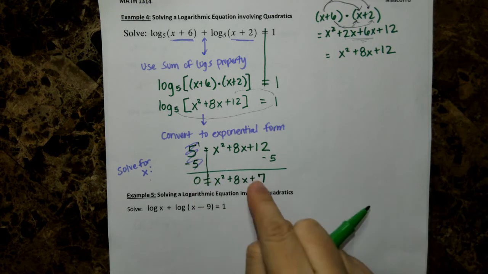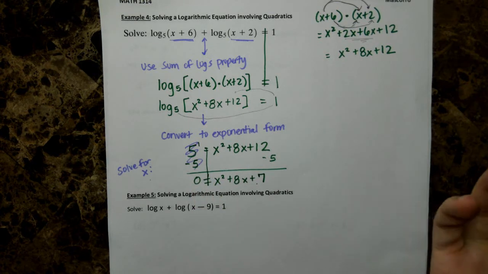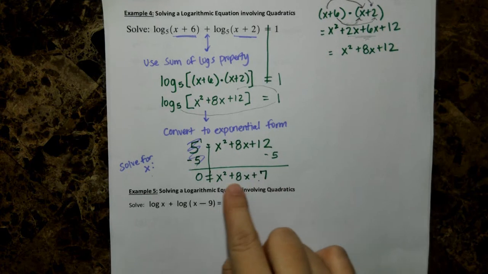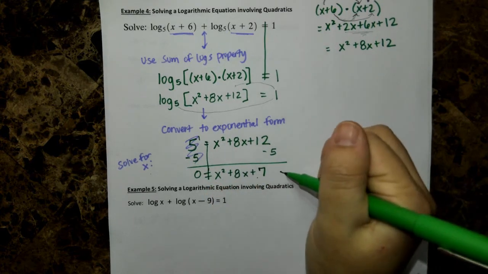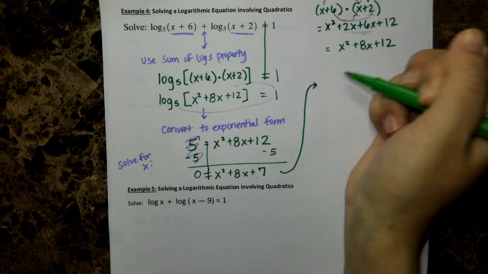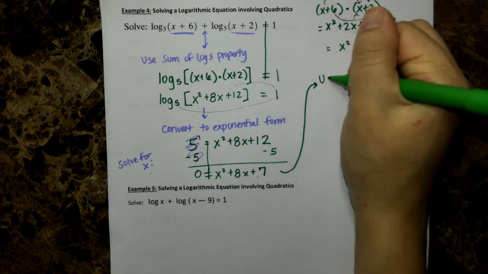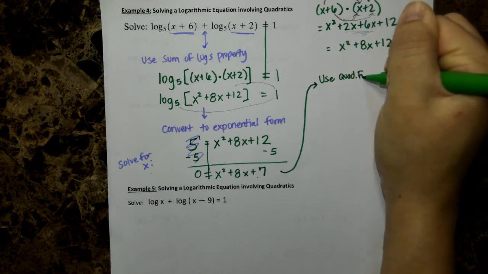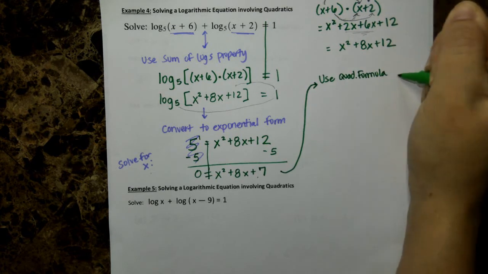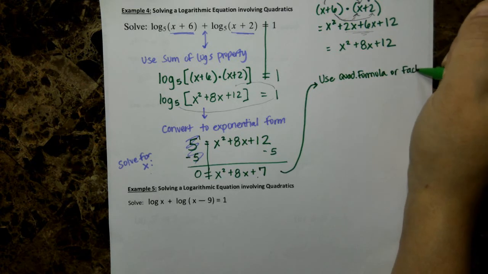You can factor this, or you can use the quadratic formula to figure out what x is equal to, because anytime you want to solve a quadratic, you can use quadratic formula or factoring. So that's what we would do next. So I'll go ahead and write, you can use quadratic formula, or you can factor, whichever one you feel more comfortable with.